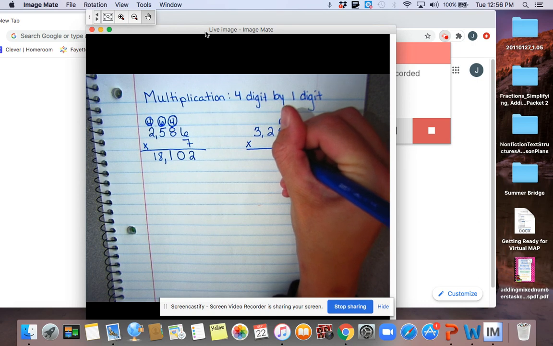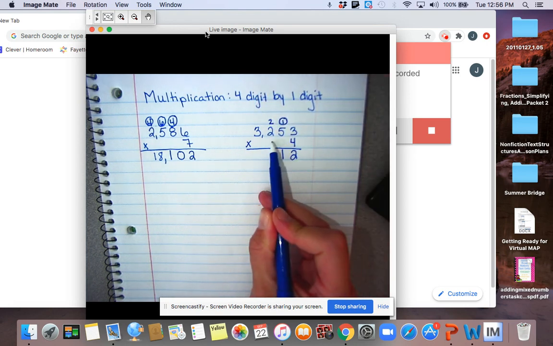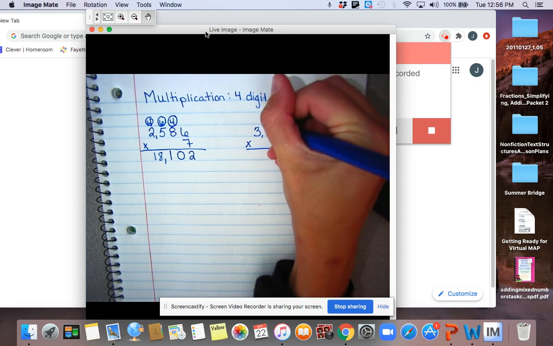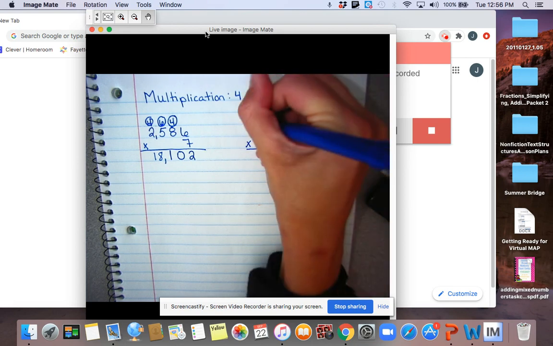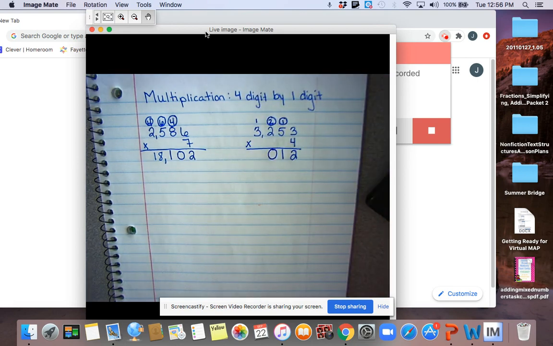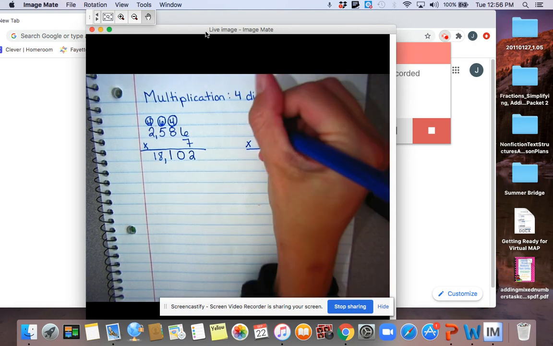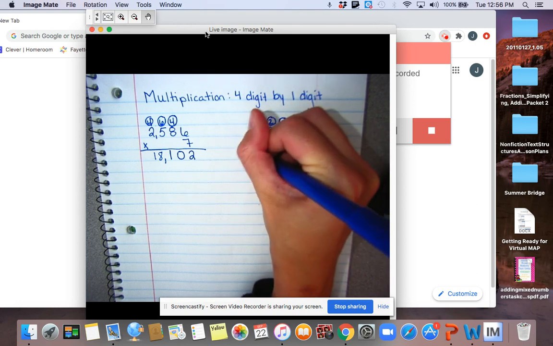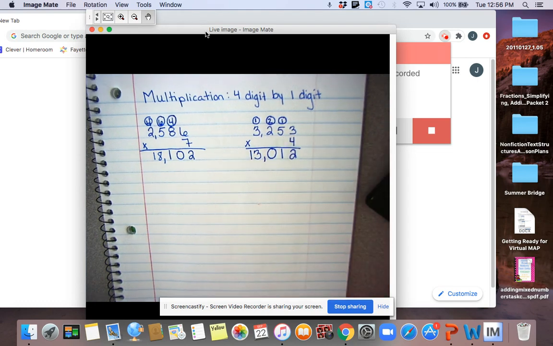I'm going to put down my 1 and carry my 2. 4 times 2 is 8, but I can't forget to add. 8 plus 2 is 10. I'm going to put down my 0 and carry my 1. And then 4 times 3 is 12, plus 1 is 13. But again, I cannot forget my comma.